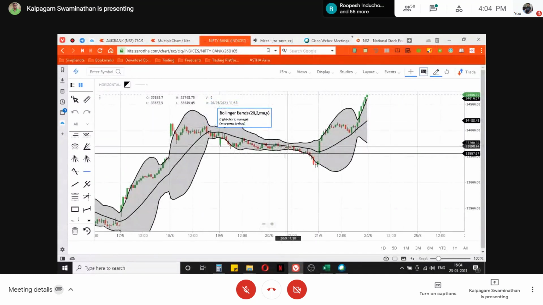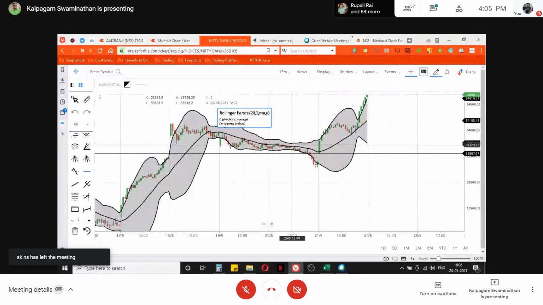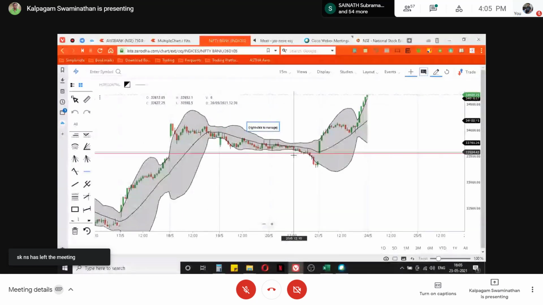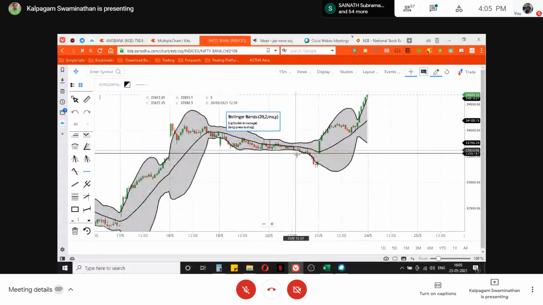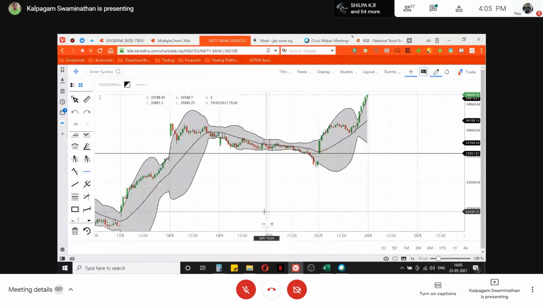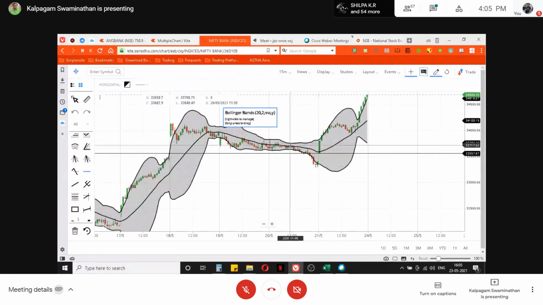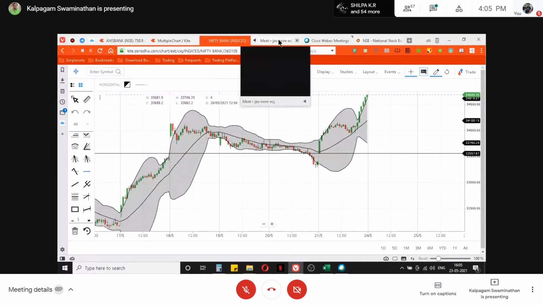In the squeeze, it doesn't matter when you take it. Anytime during the squeeze, you can take it and still make money. You can't anticipate when it will expand, no? So you take it during the squeeze, then hold on. Whenever it expands, let it expand.